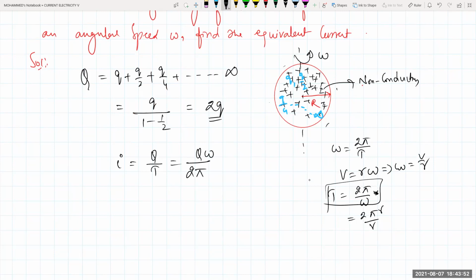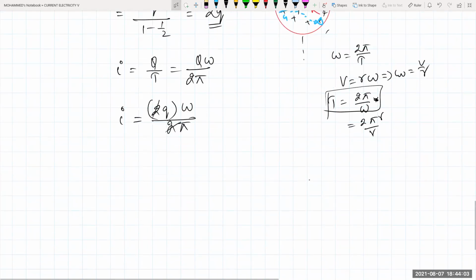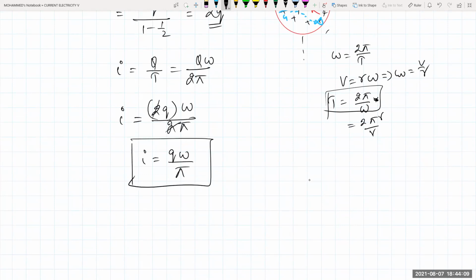Omega will go up. So current I is equal to 2Q into omega divided by 2 into pi. This 2 will get cancelled. So ultimately current will be equal to Q omega divided by pi. So this is your current. Clear?